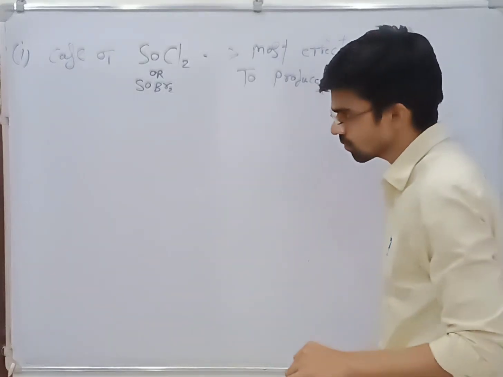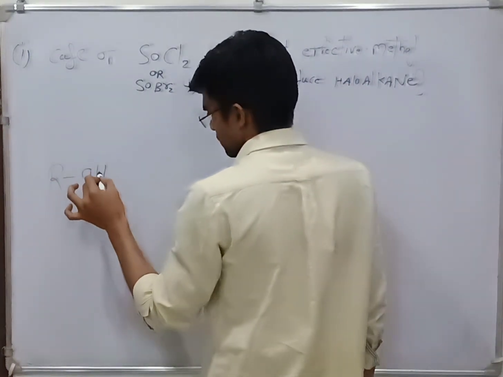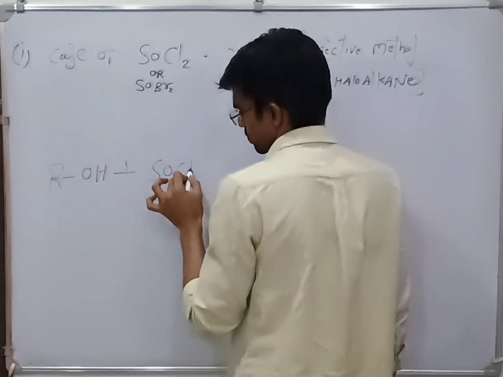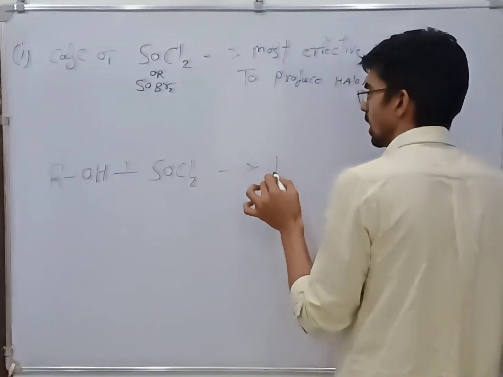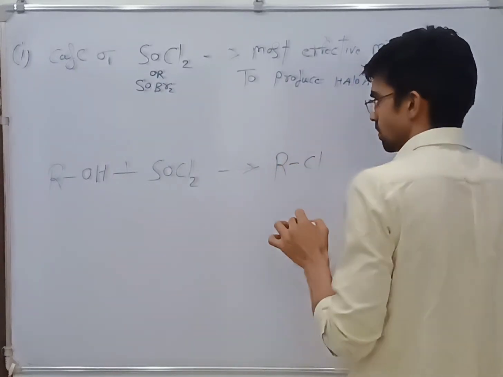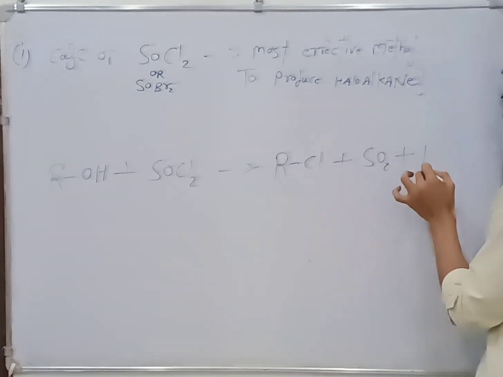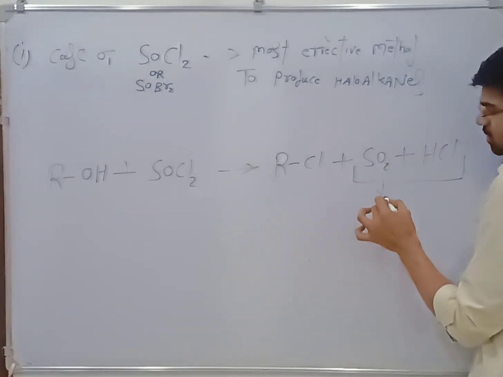How? When we react the alcohol ROH with SOCl2, it will form RCl with SO2 and HCl gas, and both gases are escapable gases.